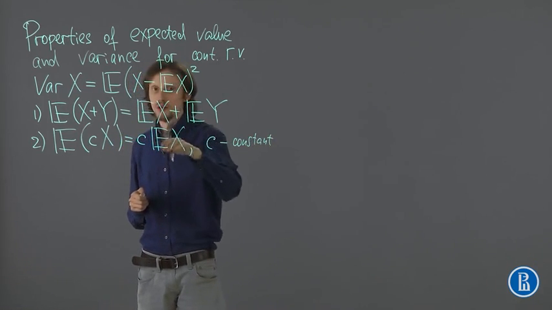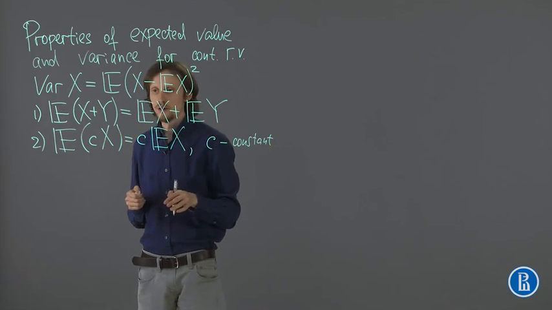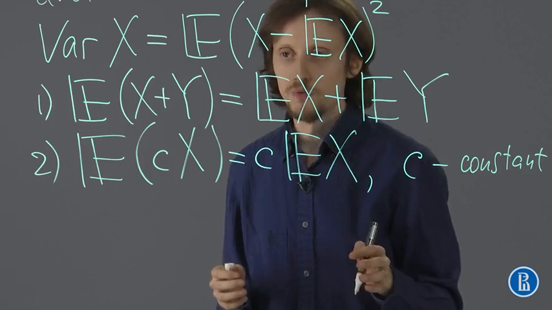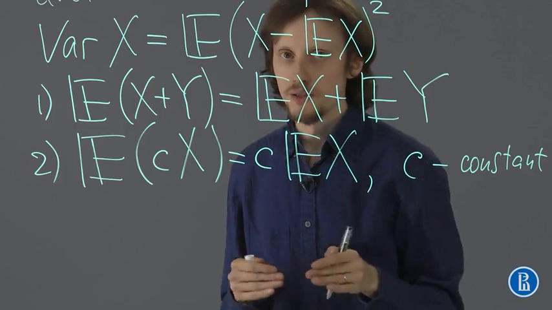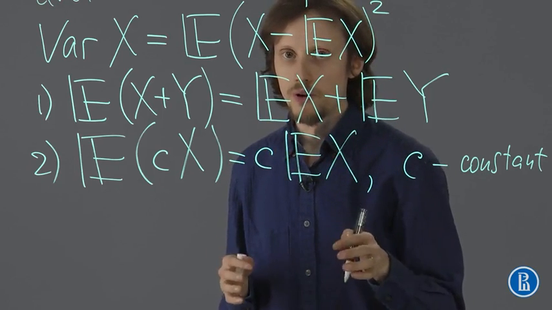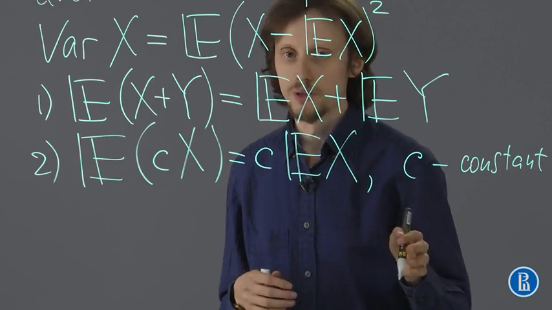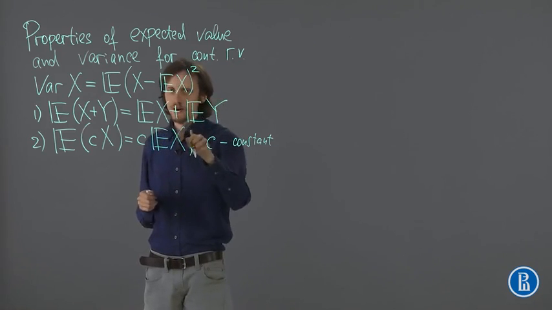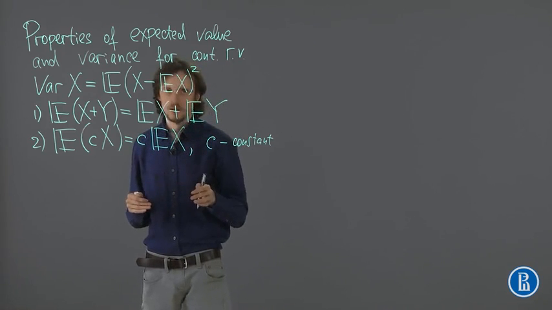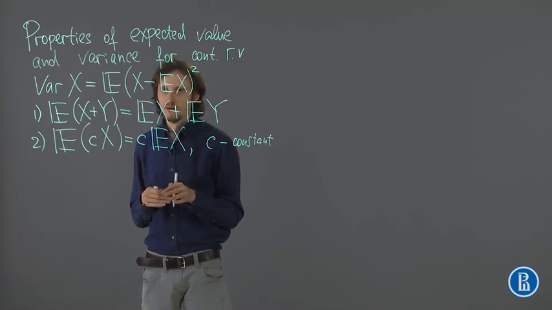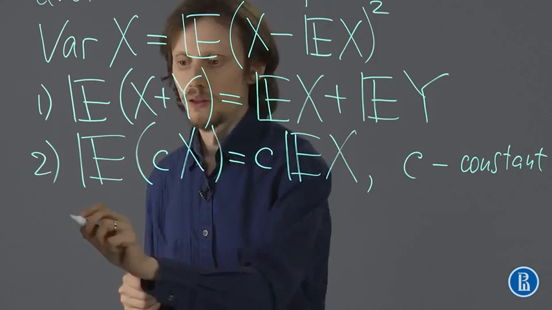These two properties together are called linearity of expected value. From linear algebraic point of view, expected value is a linear operator from random variables to numbers. These properties directly follow from the corresponding properties of integral. So I will skip the proof here.